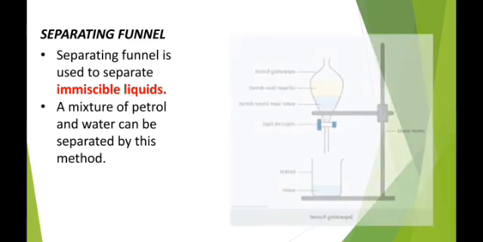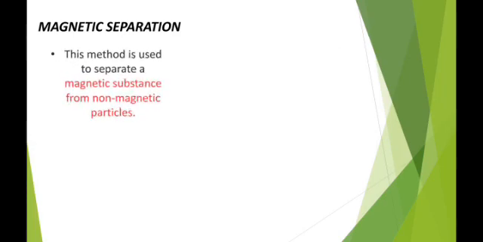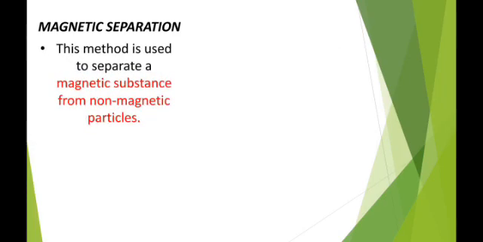Next, we'll be talking about magnetic separation. This method involves the separation of magnetic substances from non-magnetic substances by means of a magnet.